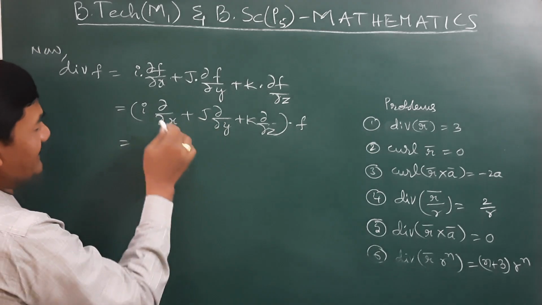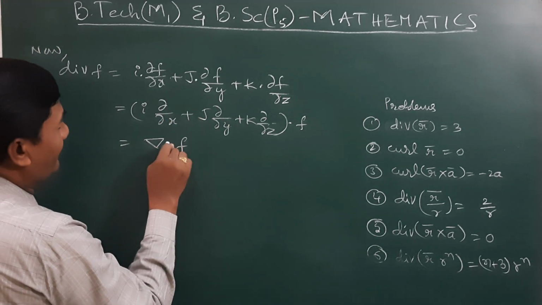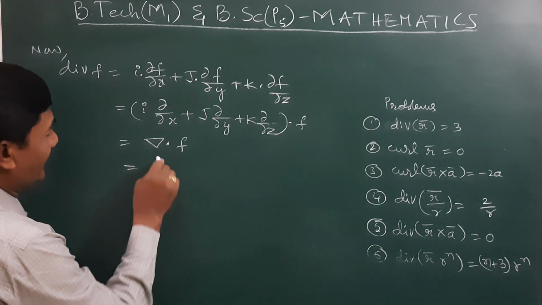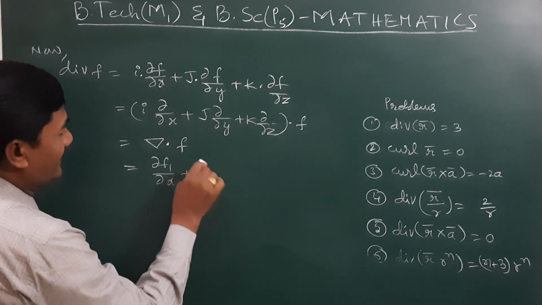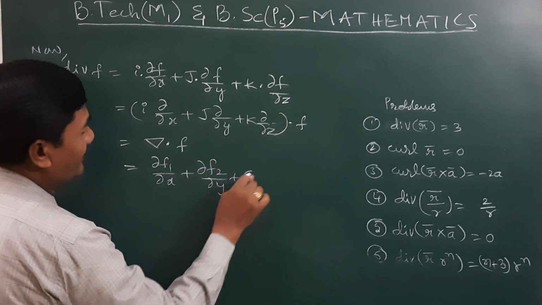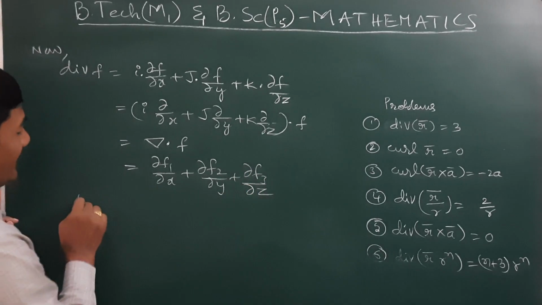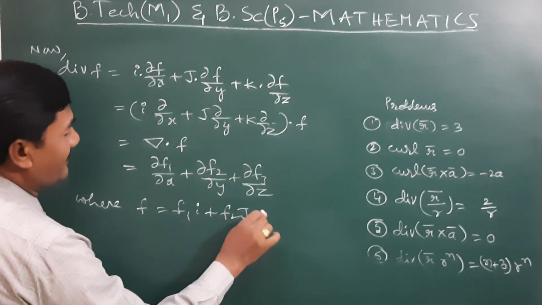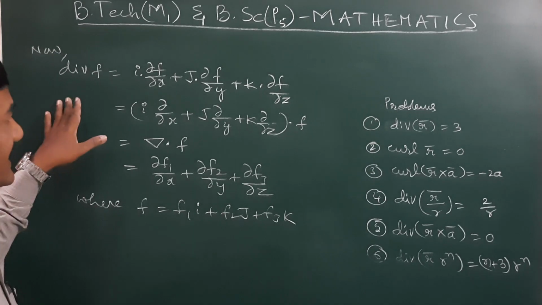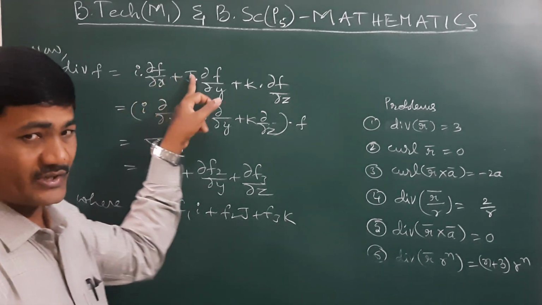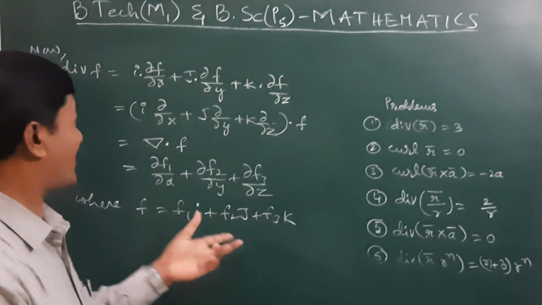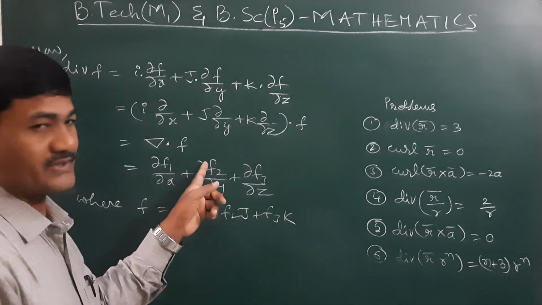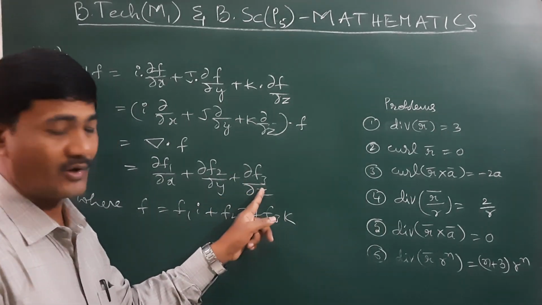As in the earlier class, this is nothing but del dot f. So div f is nothing but del dot f. Sometimes this can be written as dou f1 by dou x plus dou f2 by dou y plus dou f3 by dou z, where f means f1 i plus f2 j plus f3 k. We use this definition in proving theorems and problems.